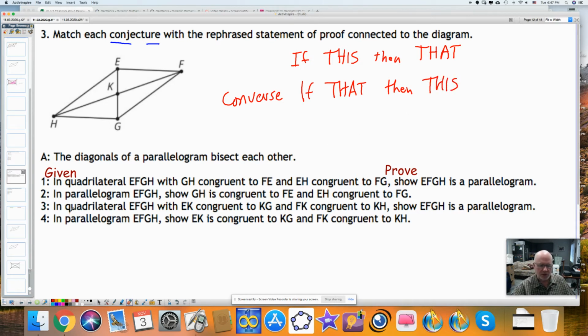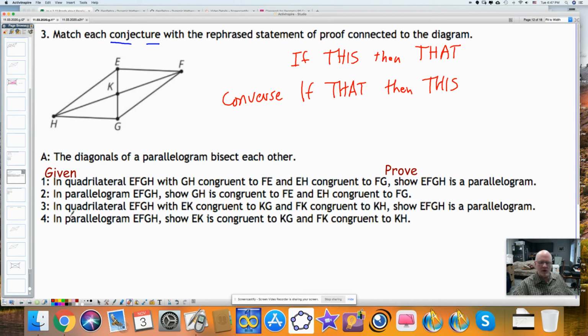So for example here, if we have a quadrilateral with EK congruent to KG and FK congruent to HK, then EFGH is a parallelogram.